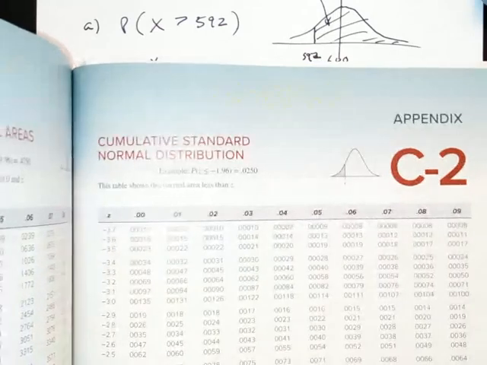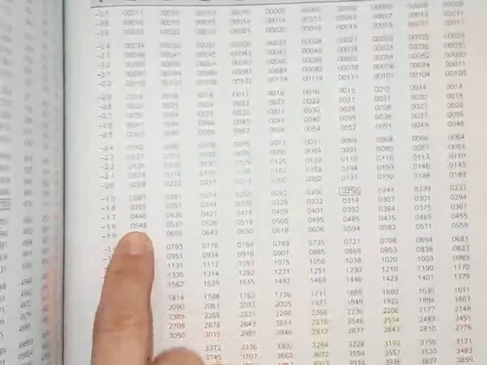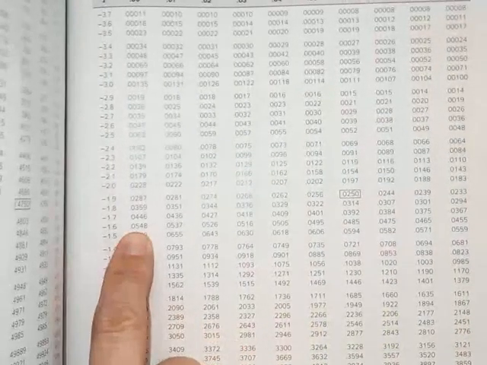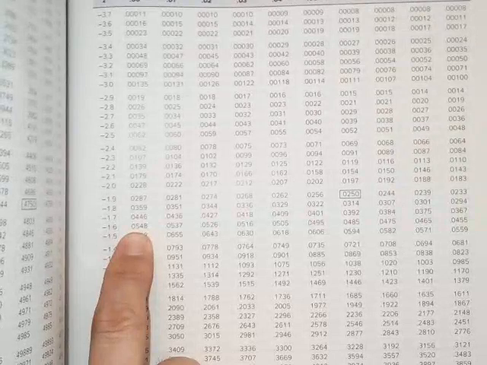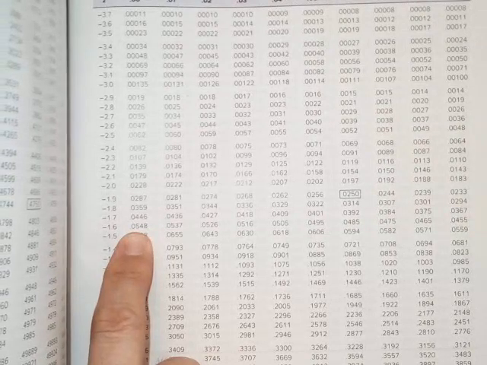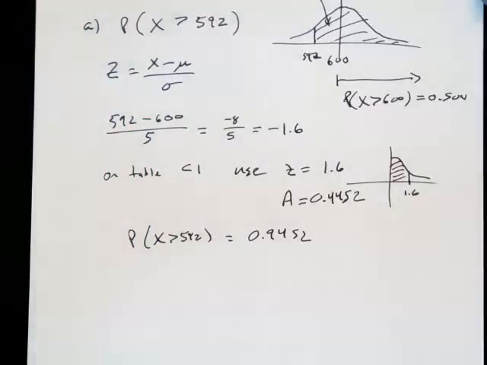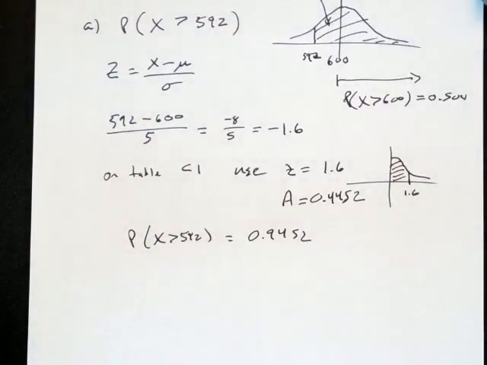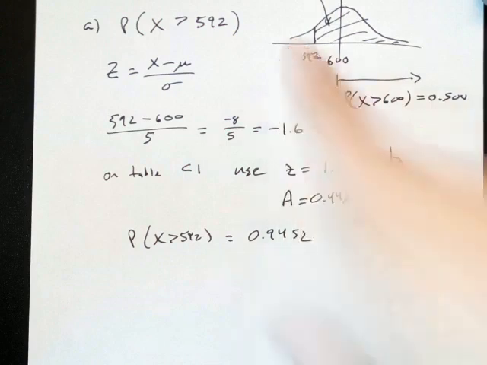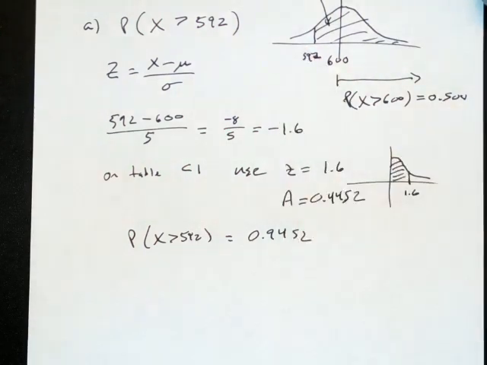I could use negative 1.6, and if I do that, I get 0.0548. But that's not my answer, is it? Why not? I'm sorry, I heard somebody muttering over here. I have to subtract from 1 because that's the unshaded area.